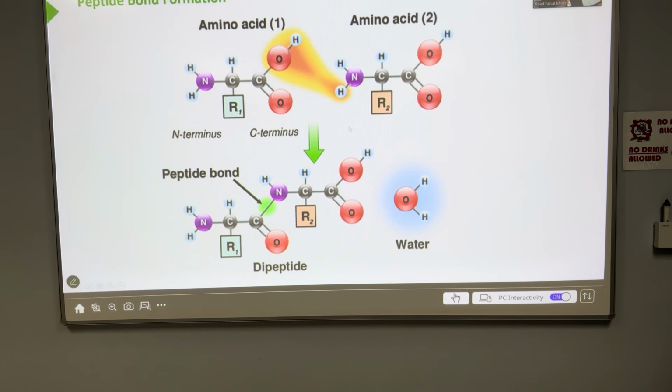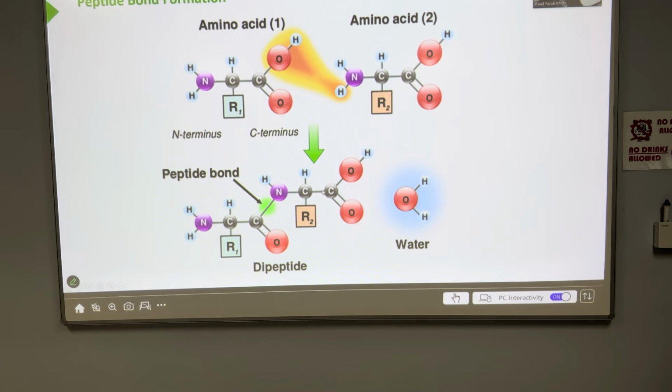The peptide bond formation, we discussed that. That is very central. You need to know that with amino acid 1 and amino acid 2, the R substituent is what makes them different. Amino acid 1 is different from amino acid 2. It has everything the same except the R group. So if I want to bind them together, I remove water. One oxygen and hydrogen are removed from the carboxylic terminal, while hydrogen is removed from the amino terminal.